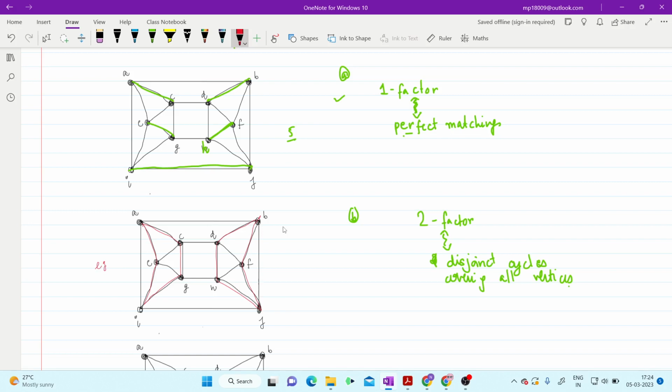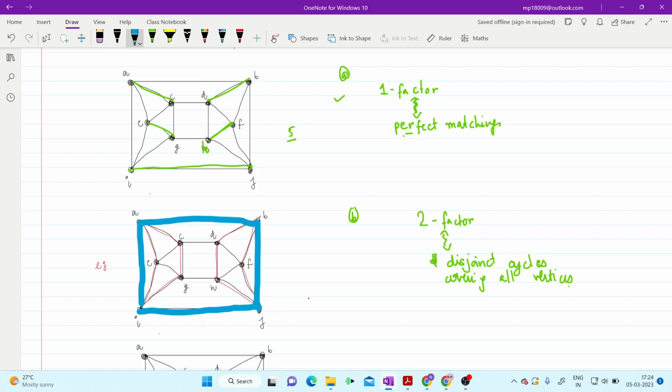Can anybody give some other two factor for this graph? This is one of the two factors. ABJI.